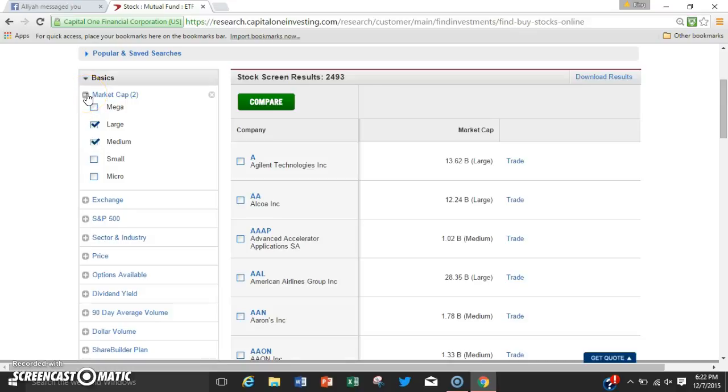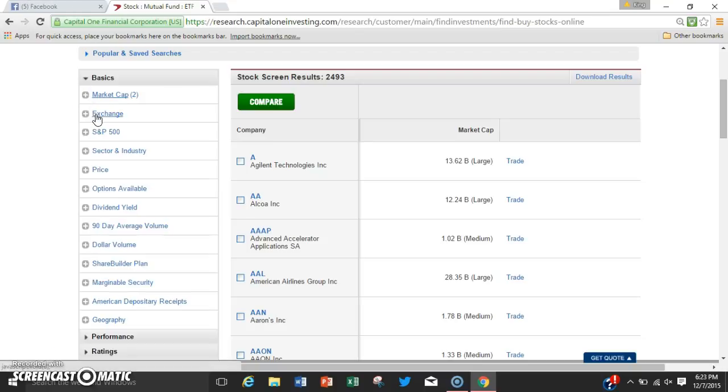And basically, the purpose of an investment screener is to gather as many stocks as you can, just to sift through all the stocks that you would want to look at and investigate. Look through their financial records and things like that. This is basically to just compile a list.